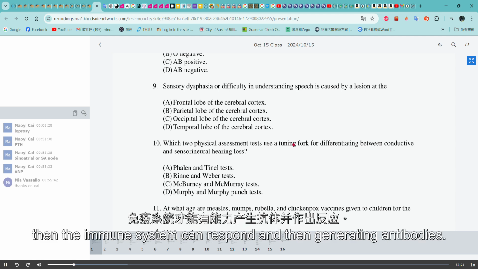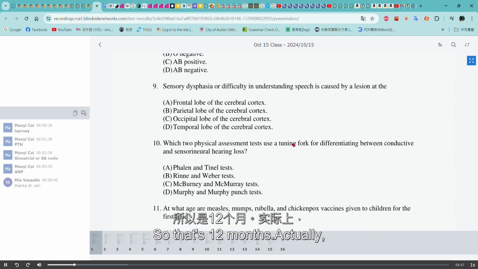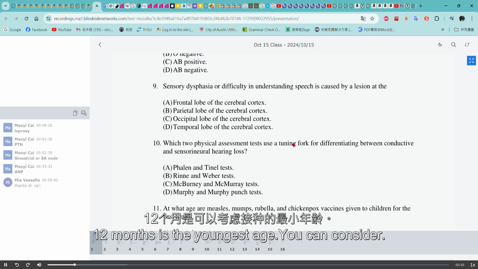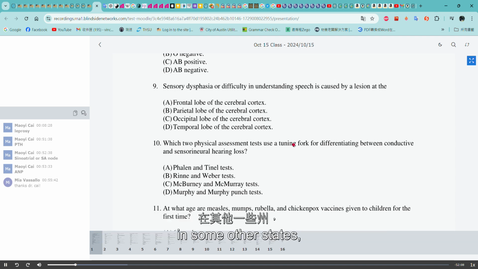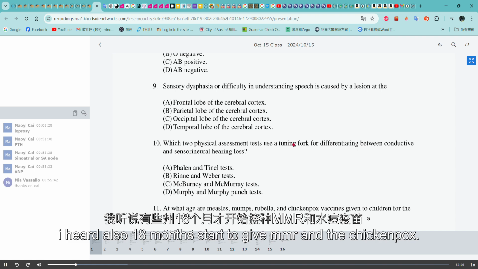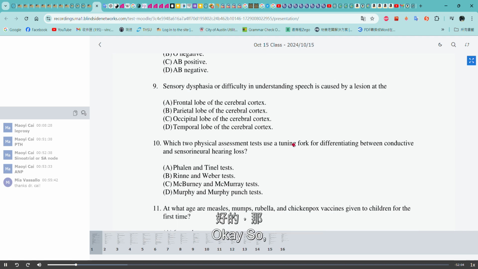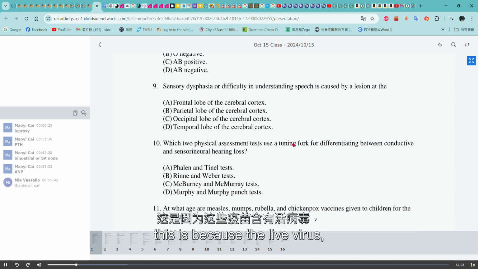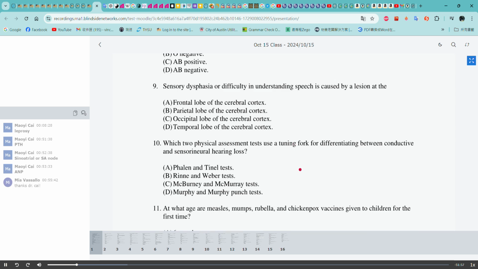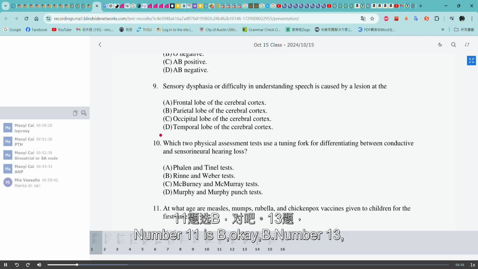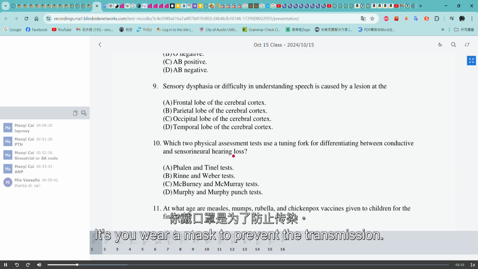Then the immune system can respond and generate antibodies. So 12 months is the youngest age you can consider. Texas, I think, is 15 months. And some other states, I heard also 18 months, start to give MMR and the chickenpox, okay? This is because of the live virus, you don't want to give it too early. So this is 12. Number 11 is B, okay, B.